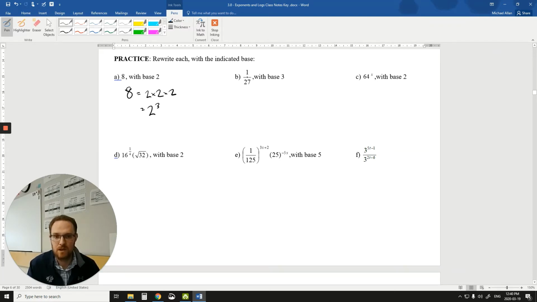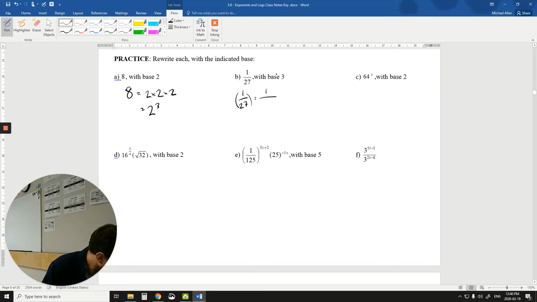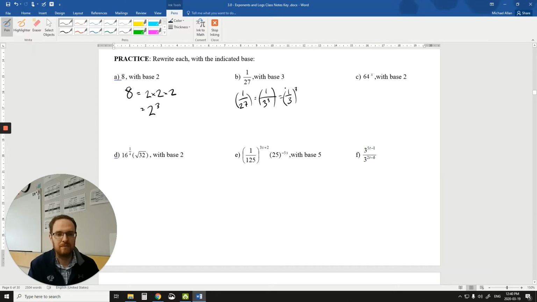I want to change this 1 over 27 number here. Let's just put that in brackets. I want to change that to say some 3 to the power of something. So you have to maybe just do a little recall, like 27 is 3 to the power of 3. All right, so that's just 3 to the power of 3. Now, this is just the same as saying 1 over 3 to the power of 3, because of that same rule I had before, because of the 1 on the top.